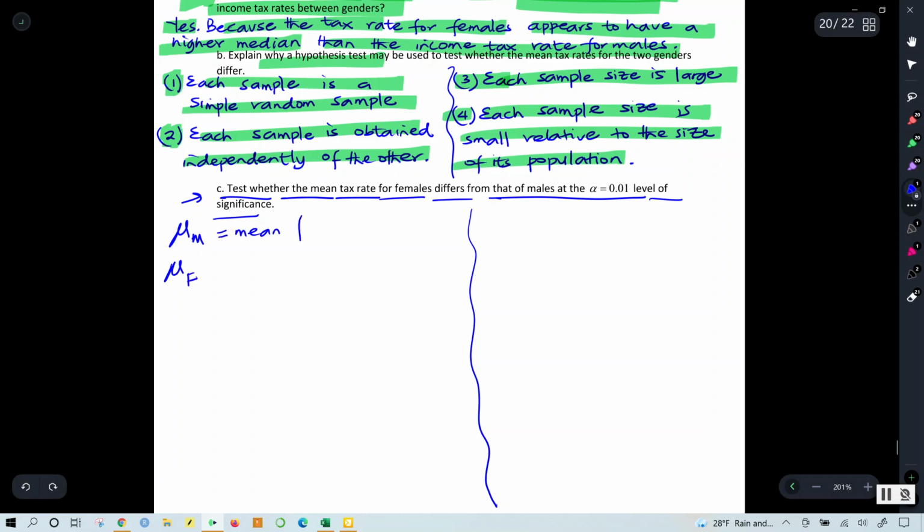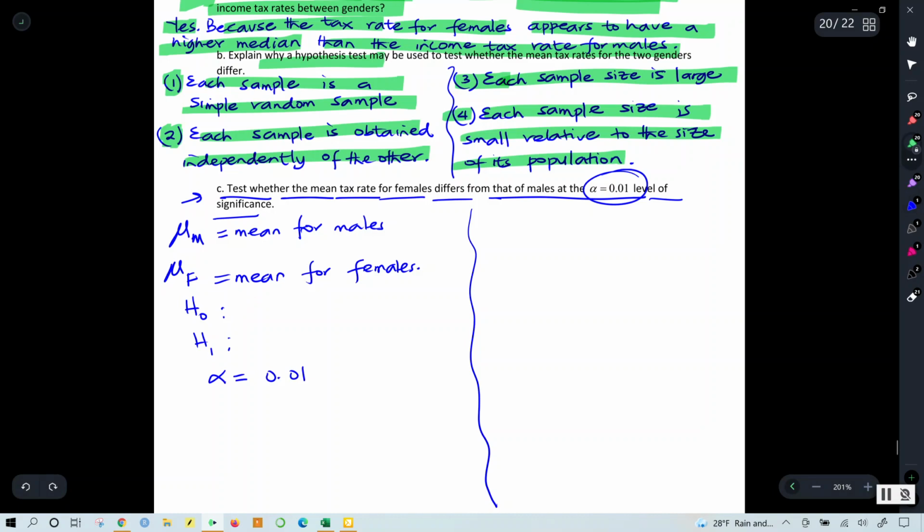So this is the mean tax rate for males, and this is the mean tax rate for females. Once that is done, we note our alpha equals 0.01 level of significance. I'll write that later. First, let's write the null and the alternative hypothesis. That will be followed by the level of significance.